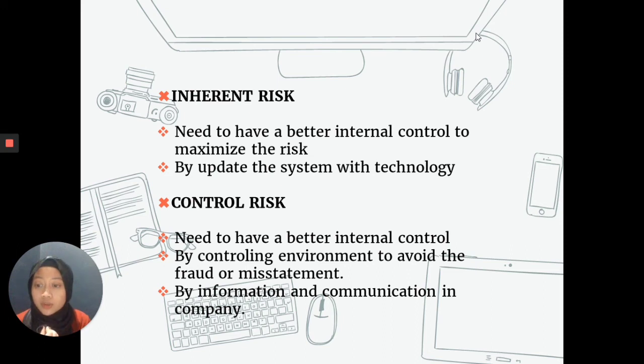The recommendation is to replace the system with technology, not 100% human, because the errors will be much greater since humans make mistakes. With technology, the transaction will be recorded correctly.